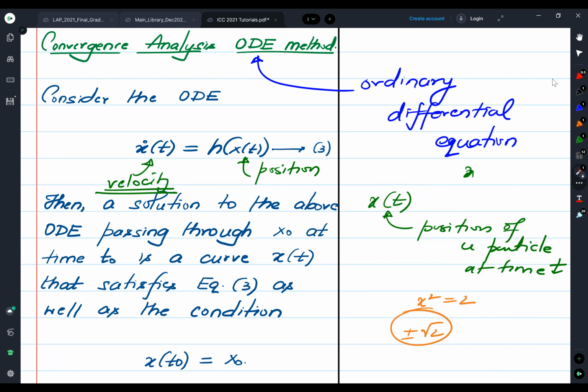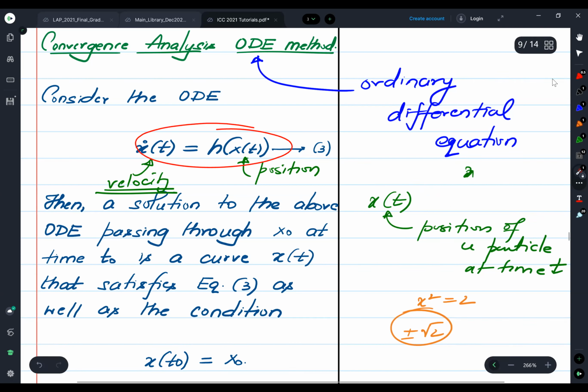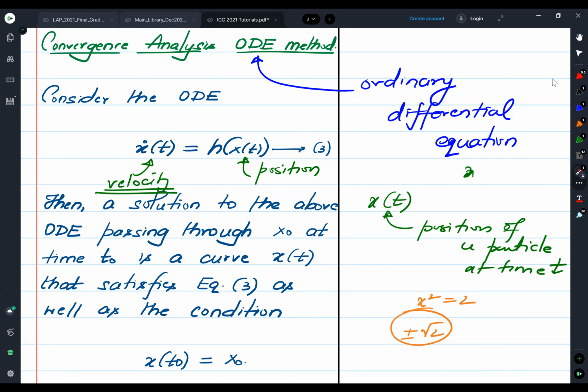Now there is a specific problem in the context of ODE, which is referred to as the initial value problem. In that, we require a solution, in some sense a trajectory, which satisfies this equation. In addition, at some specified time t naught, it has to pass through some specified point x naught. So whenever I say we have a solution to the ODE, henceforth we will presume that there is some initial point x naught and some initial time t naught.